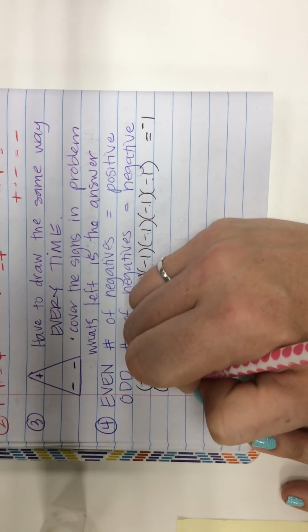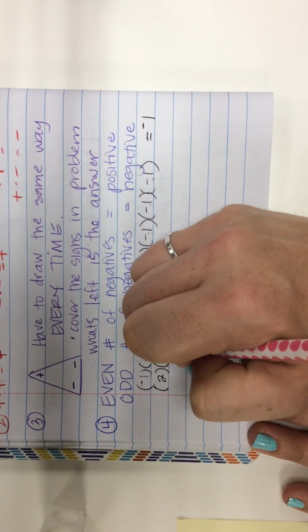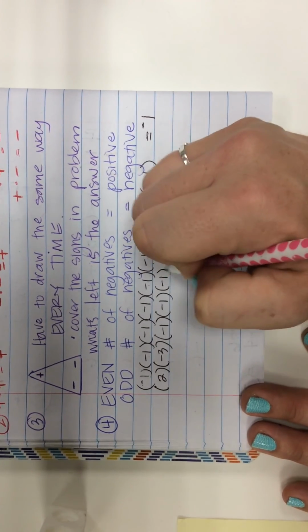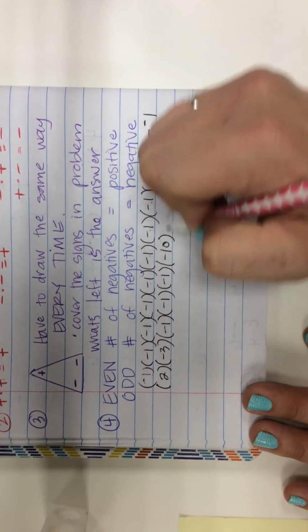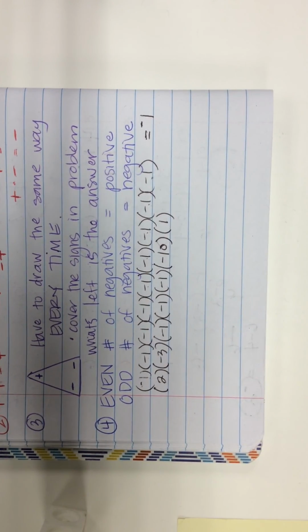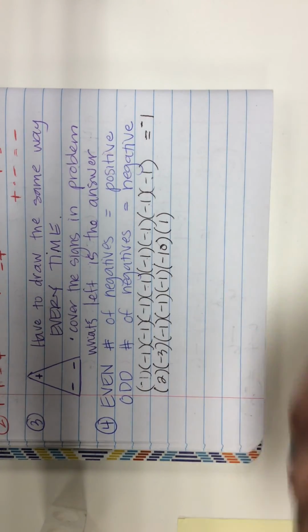If I gave you the problem 2 times negative 3 times negative 1 times negative 1 times negative 1 times negative 10 times 1. Forget the signs.